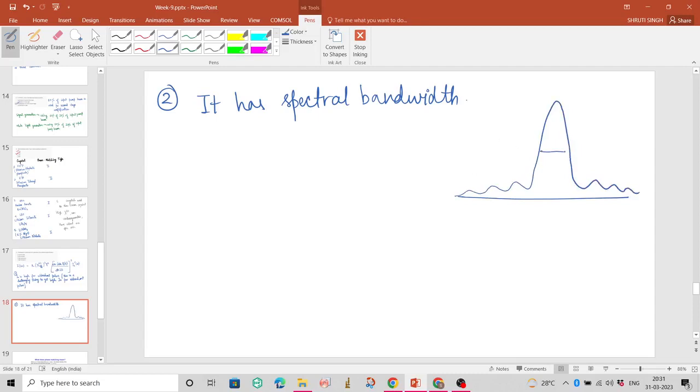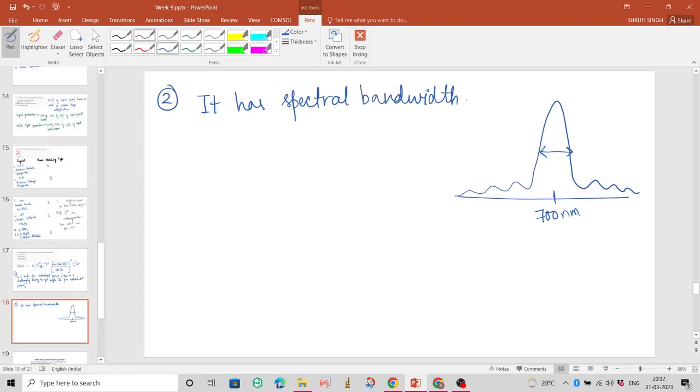So this much is the spectral bandwidth. We say if this one is our 700 nanometers, but it will not be exactly 700 nanometers. This much will be the spread. So the ultra short pulses inherently have a spectral bandwidth which comes due to the mode locking condition.